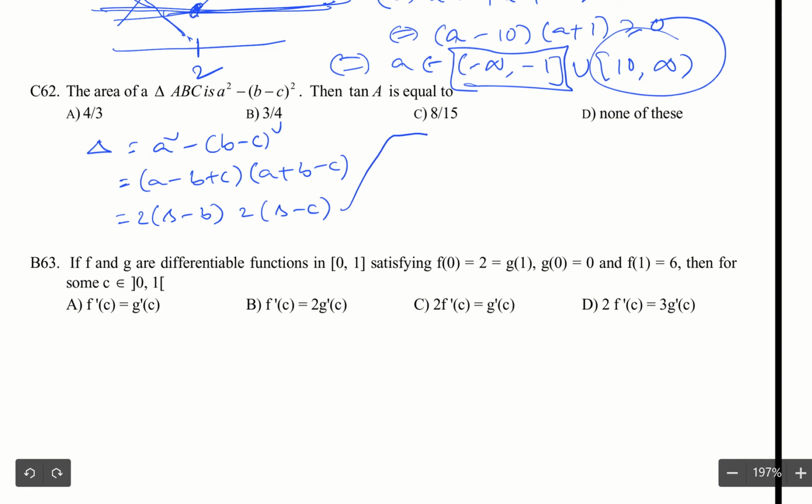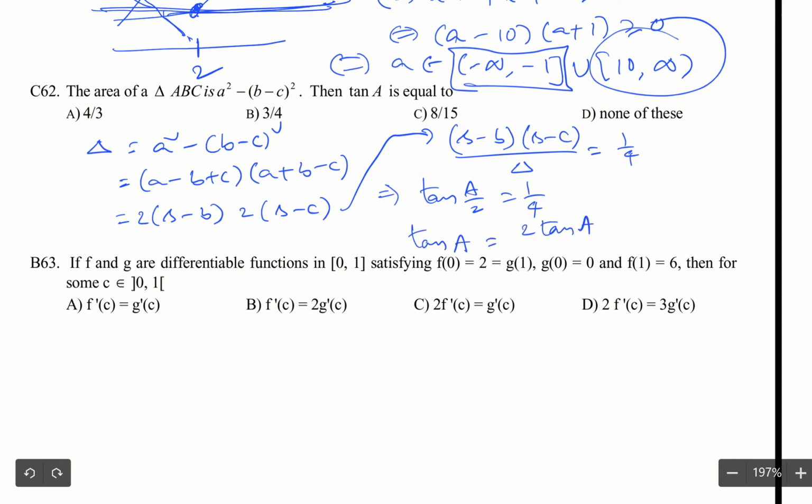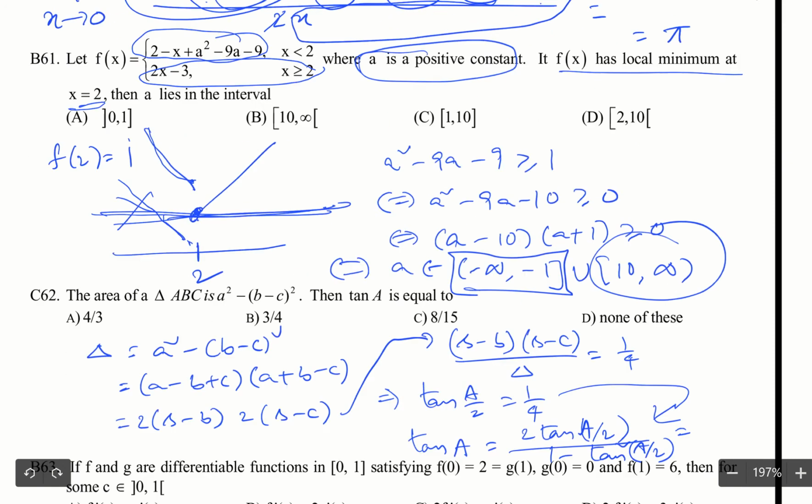So from this I am getting (s minus b)(s minus c) by delta is equal to 1 by 4. That means tan A by 2 is equal to 1 by 4. He asked us to find tan A. Now use the formula 2 tan(A/2) by 1 minus tan square(A/2). Substitute tan A by 2 value in this, you'll get what you want.